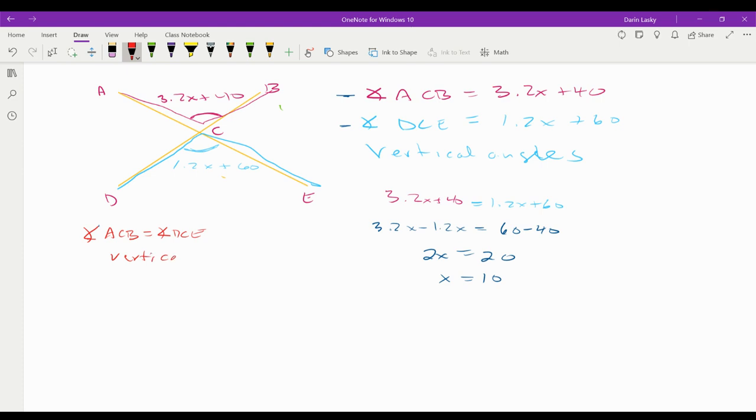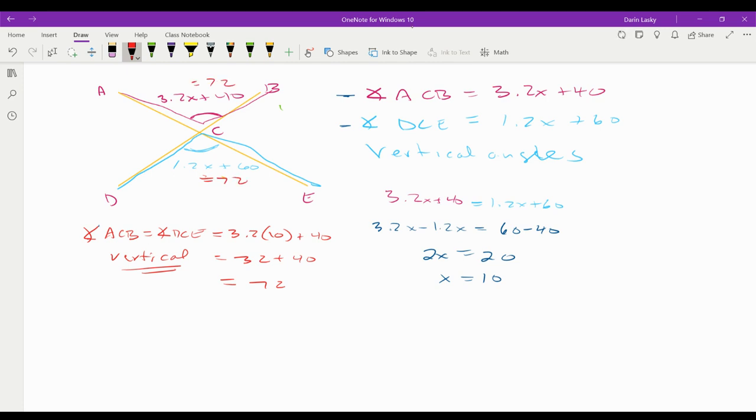They're across from each other, right? Which means that they are the same as 3.2 times 10 plus 40. So this is going to be 32 plus 40, which is equal to 72. So this angle is equal to 72, and this angle is equal to 72.